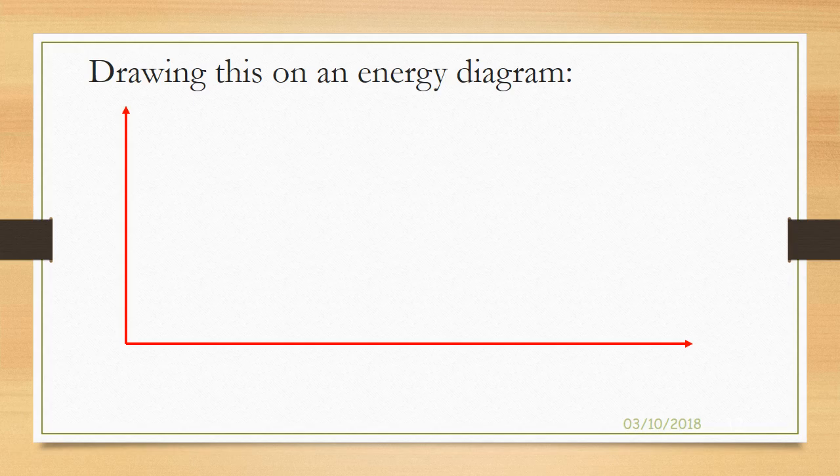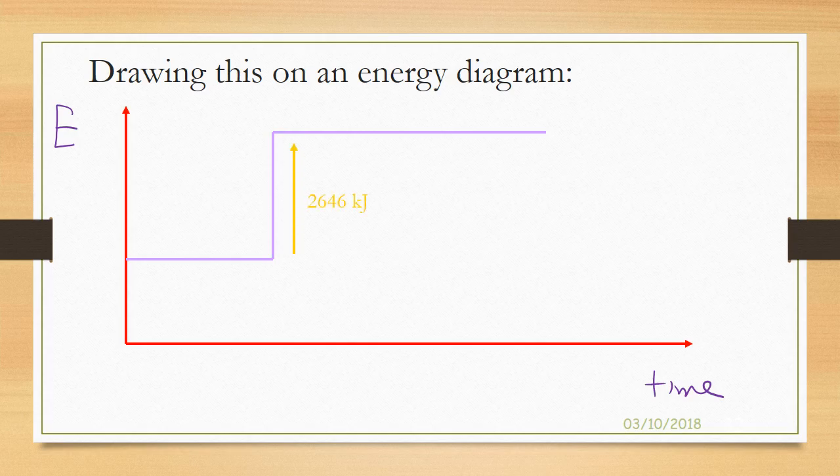Okay, you can actually illustrate this on an energy diagram where energy is on the y-axis and time is on the x-axis. So you've got your 3,264 kilojoules there, your 3,320, so these are your products, and these are your reactants.